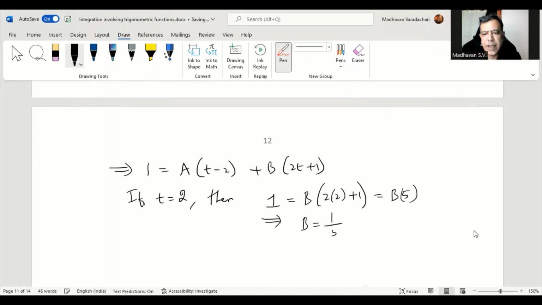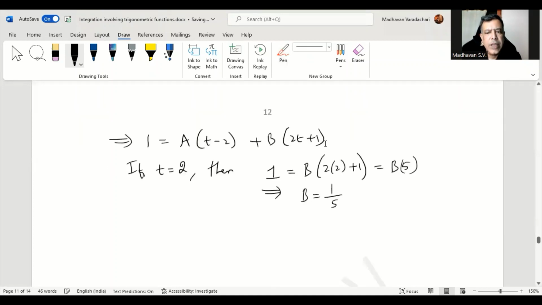Now, if t is equal to minus 1 by 2, why am I choosing minus 1 by 2? I want to make this term 0. So 2 into minus 1 by 2 will give you minus 1 plus 1 becomes 0. So that is the reason. Then in the left hand side, it will be 1 only.